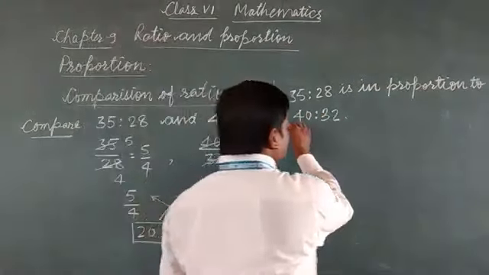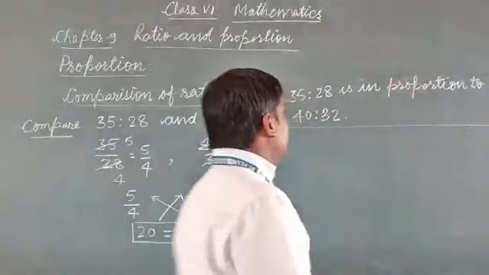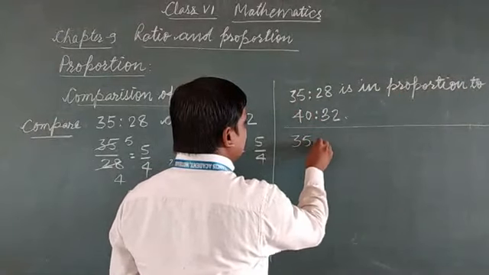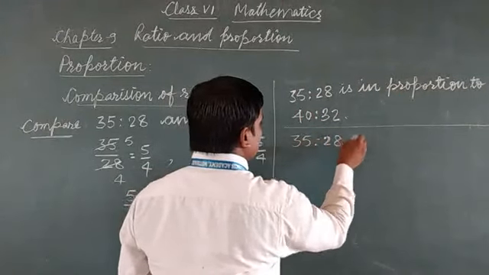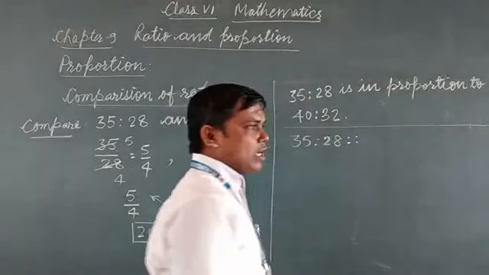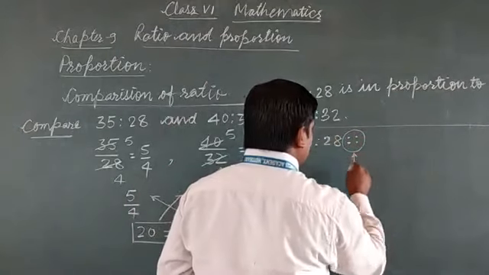In general form, we can write like this also. 35 is to 28, then these 4 dots, which means double colon, then 40 is to 32. This is read as proportion.